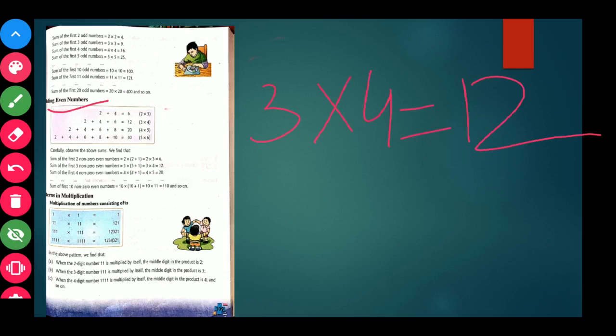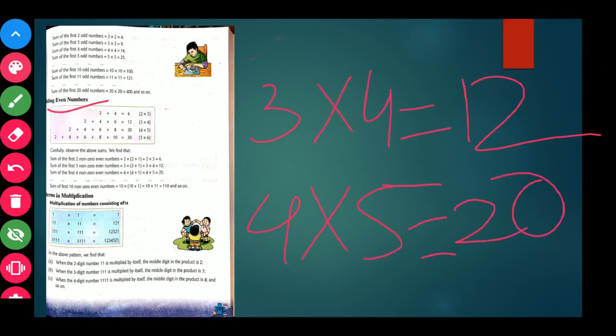Similarly, the next one is 2 plus 4 plus 6 plus 8. So here 4 digits are given. So multiply 4 by the next consecutive number, means after 4, 5 will come. So the consecutive number of 4 is 5, and the answer you will get is 20.